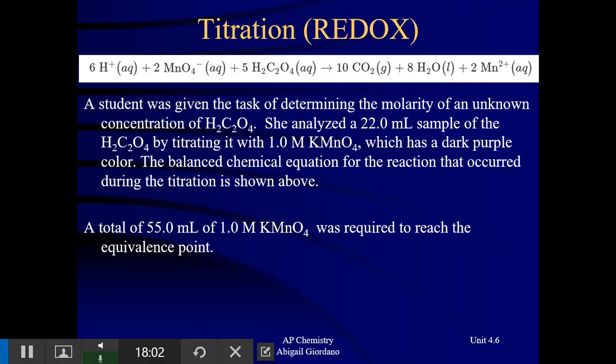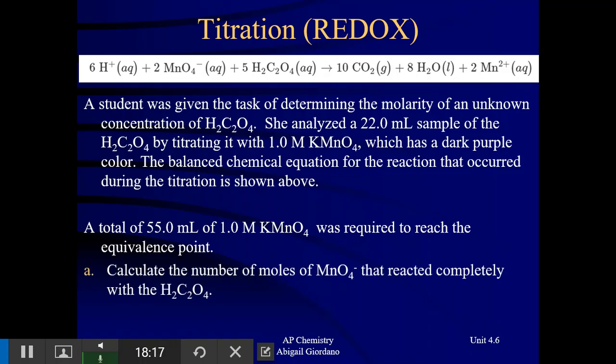Now, guys, just stop there and think about what you could solve for right now. You have a volume, you have a molarity. You have a number of moles, okay? We're going to see that combination so many times. So letter A says, calculate the number of moles of permanganate ion that completely react.